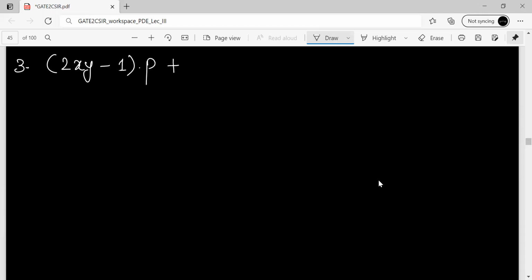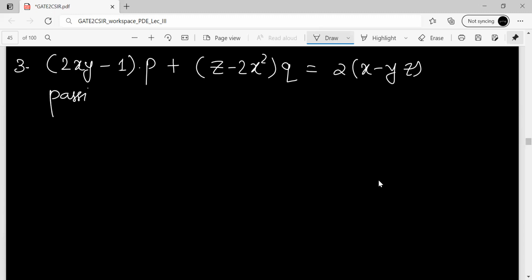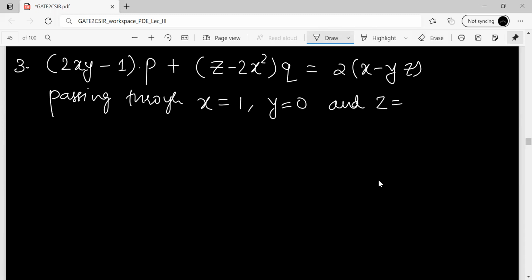Okay, so z minus 2x square times q equals 2 times x minus yz, passing through x equal to 1, y equal to 0, and z equal to some t.